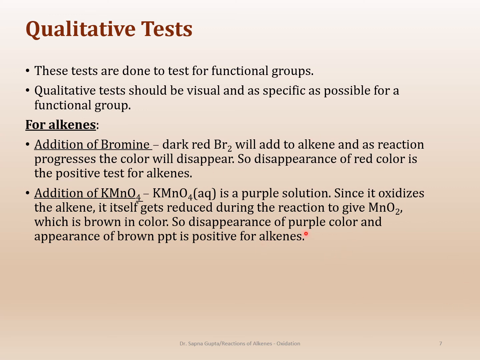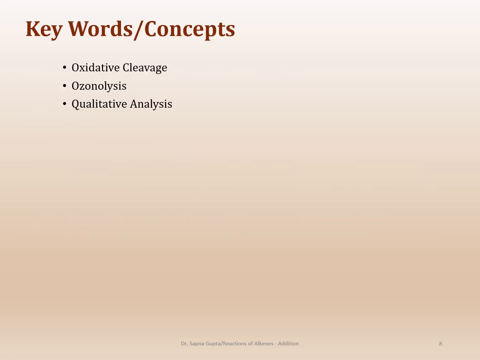Once it gets reduced, it becomes MnO2, manganese dioxide, which is a brown precipitate. So there are two visual things happening here. The purple color is going to disappear because KMnO4 is no more, and then you will see the precipitate of MnO2, which is brown. So you see two things there.